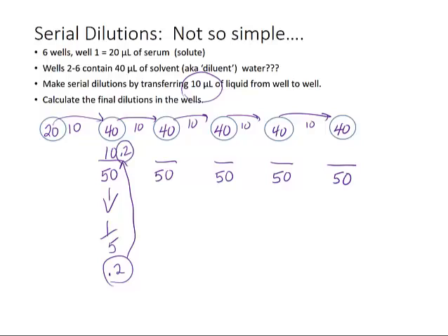So I'm going to take 10 times 0.2. 10 times 0.2 is 2. Okay?